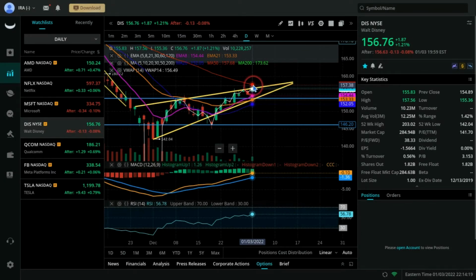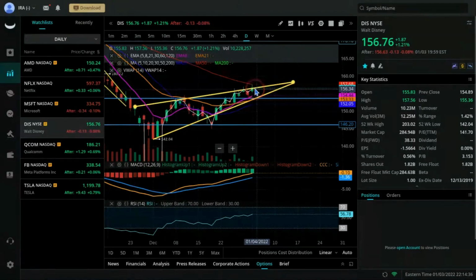So I will play that trigger at 157.80. That's what I'll be putting my call trigger at. And I'll play the put trigger off the rejection inside the trend line, around 156, 156 even.